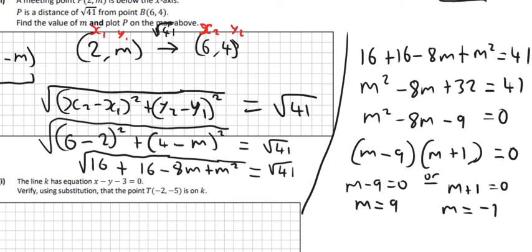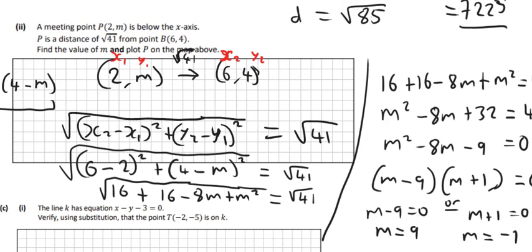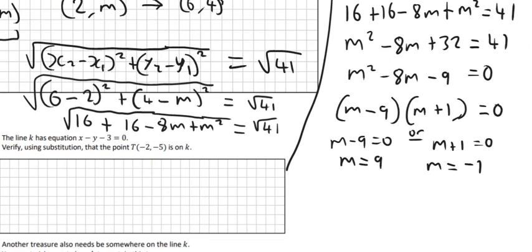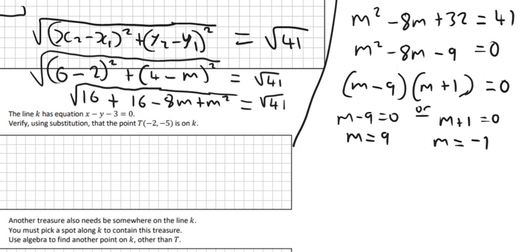Go back up to the question again. So it's below the x-axis. That's important here because we're going to rule out one of them now. So the point 2m is below the x-axis. So we've got two possible coordinates for 2m. So it's either 2, 9 or 2, minus 1. Which one of those is below the x-axis?